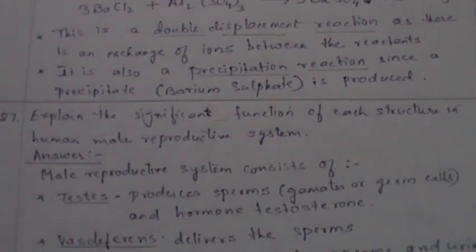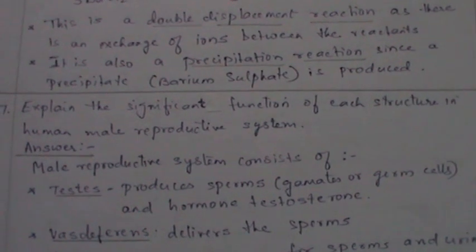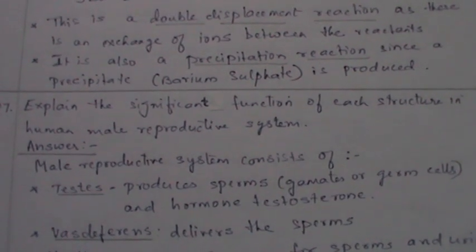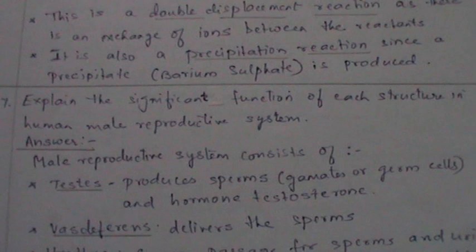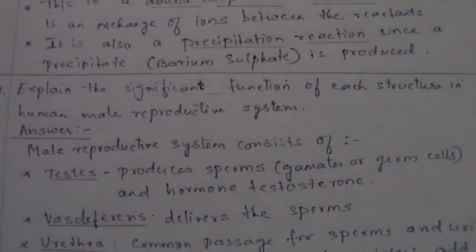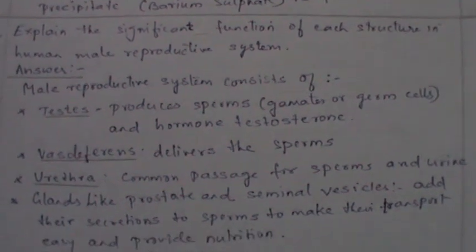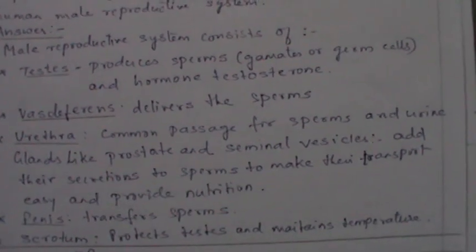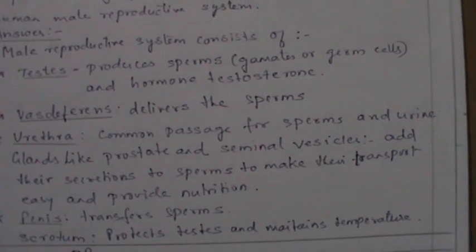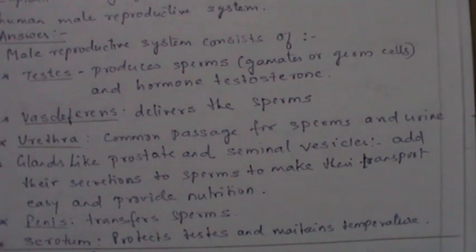Question number 27. Explain the significant function of each structure in the human male reproductive system. Answer. Male reproductive system consists of testes, which produce sperms, gametes or germ cells, and the hormone testosterone.